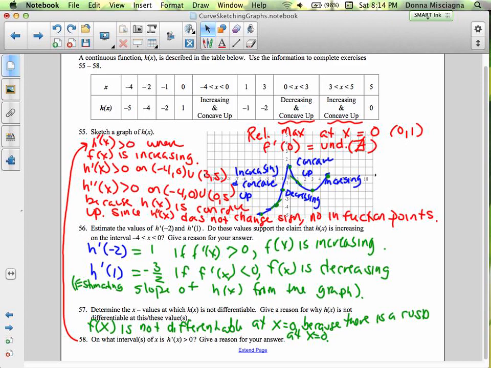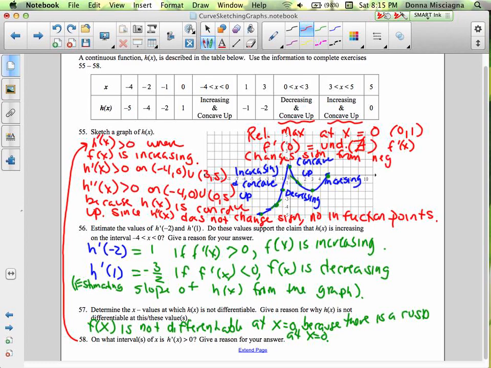And it is a relative max because f prime of x changes sign from negative to positive at x equals 0. Right? So that is a relative max. It is not an inflection point. There is no change in sign in the second derivative. Right? And it doesn't exist for the second derivative either.